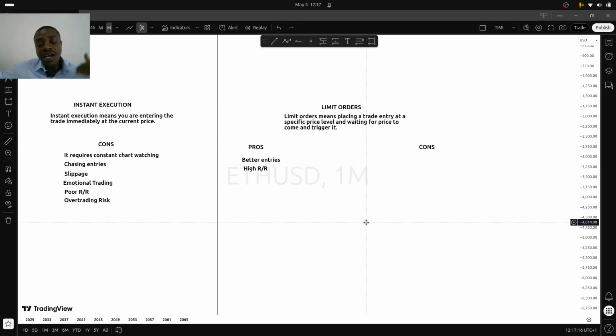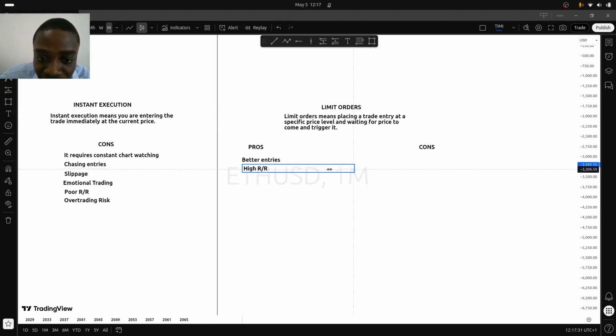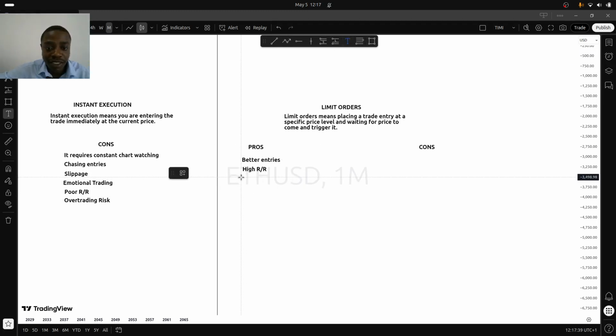You already know how much you are going to lose if it takes you out, and you already know how much you are going to make as well. So everything is planned, right? So the risk to reward ratio is usually high most of the time. But your psychology too has to be in check to be able to hold your trades and the rest of them.